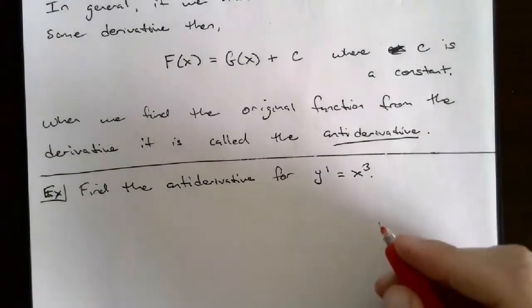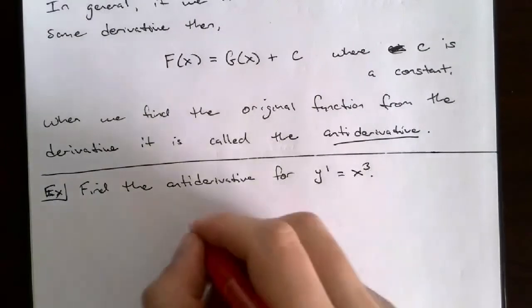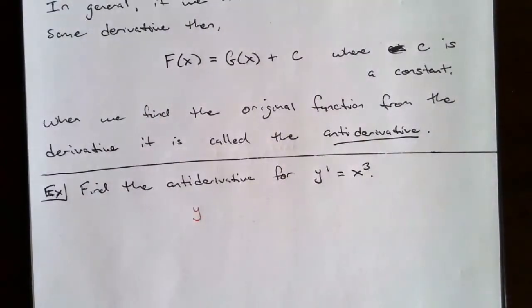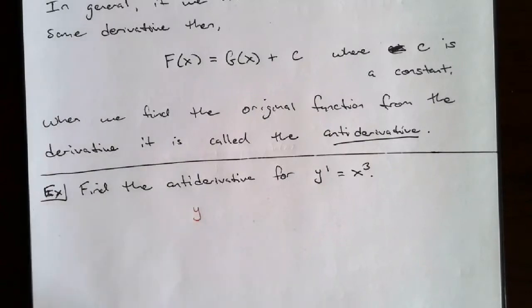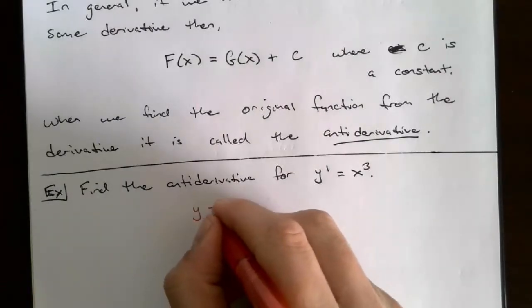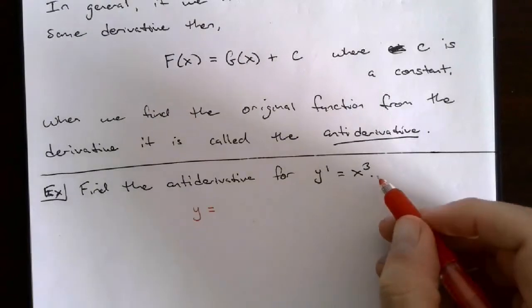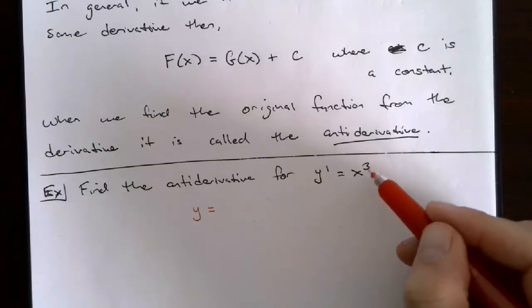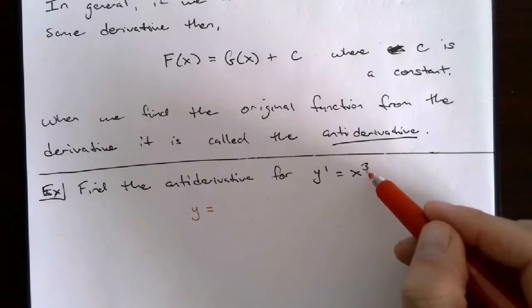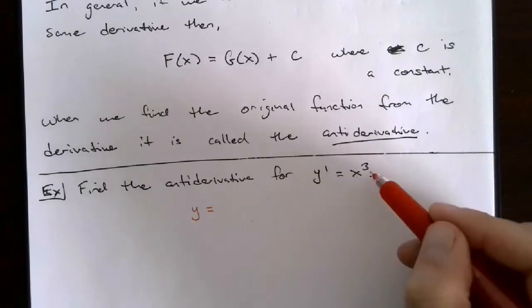Well, let's think about it. First off, the original function is going to be called y, because the derivative was y prime, so the antiderivative should be called y. And it's equal to, well, how do you get x to the third power? When you take the derivative and you have a variable to a power, usually that power was decreased by 1 to get to here. So to get the derivative, I would have taken 1 away to get to x to the third.